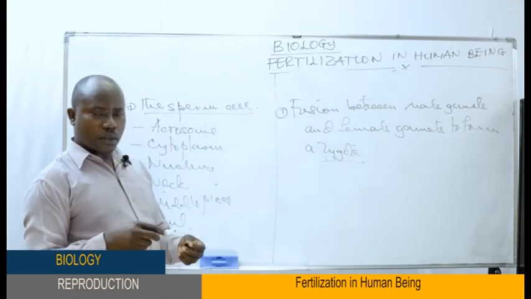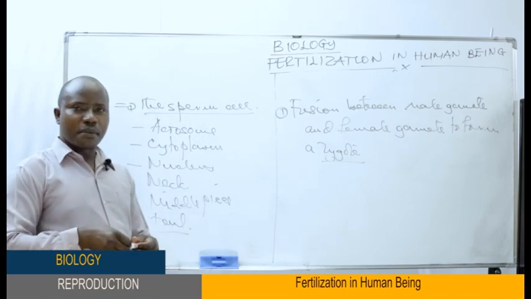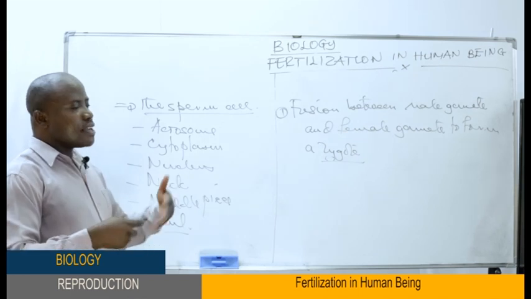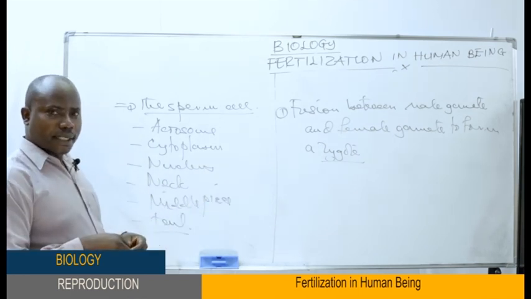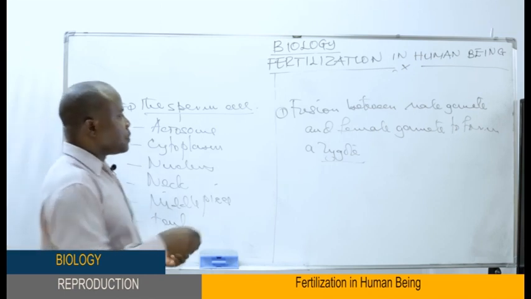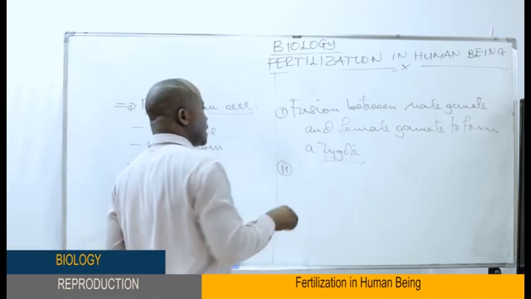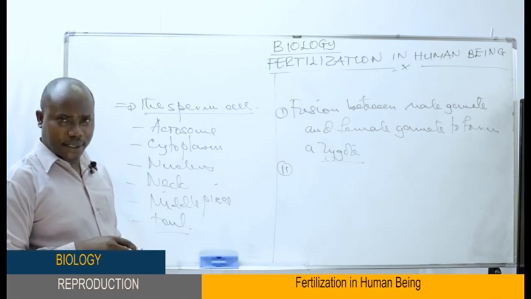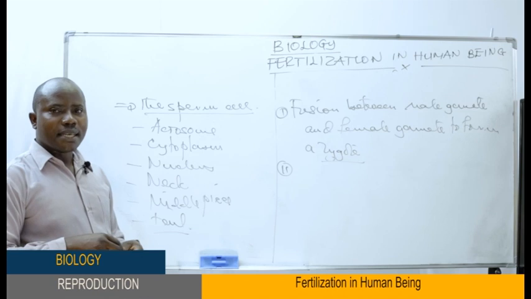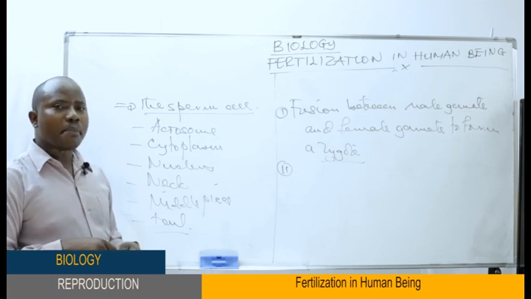It is through this process where the zygote will be formed. And after the formation of the zygote, will give rise to other important structure, such as embryo. But also, in sexually producing organisms, fertilization is a means that restore the diploid number of chromosomes.